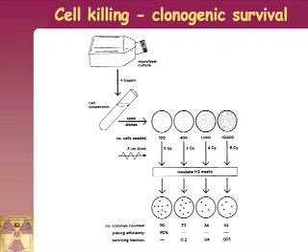So now moving on to cell killing. I show this complex diagram here to emphasize that when you're thinking of radiation damage and cell killing, you really need to be looking at clonogenic survival. This is not a short-term assay. There are a number of short-term assays which are very useful for many chemical exposures, where cell death occurs very rapidly.